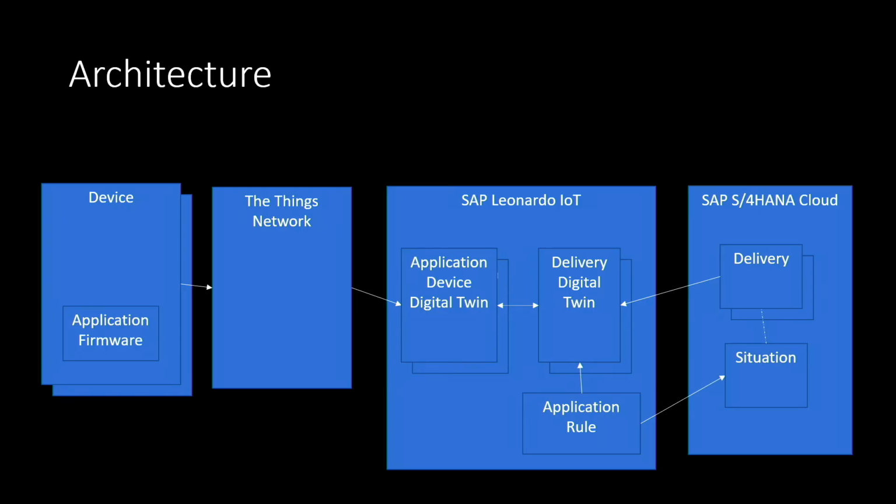So on the left side, we have something that you know very well, a device with application firmware that you might have built or that you might have taken off the shelf. Then The Things Network to manage the device, the connectivity, to join it into the network, to deal with all the gateways.